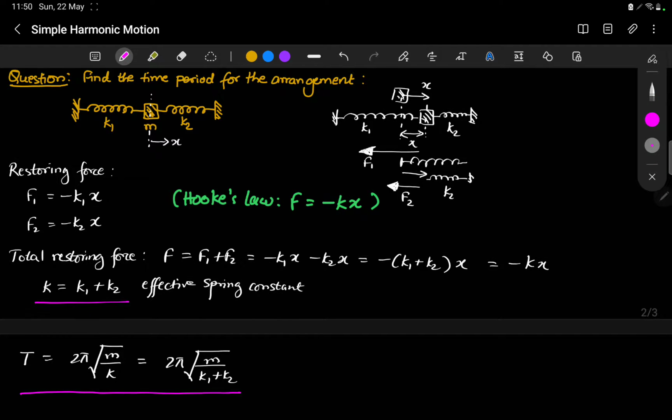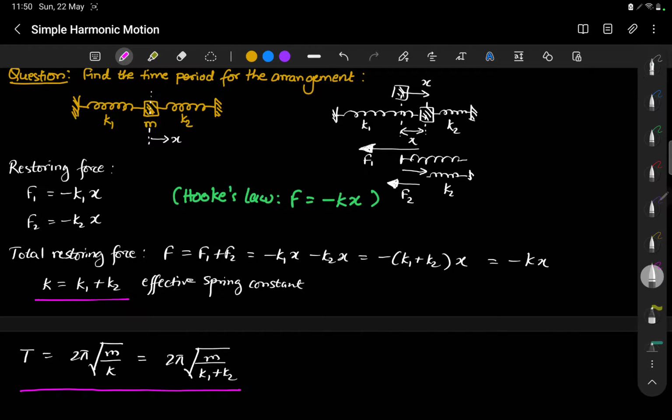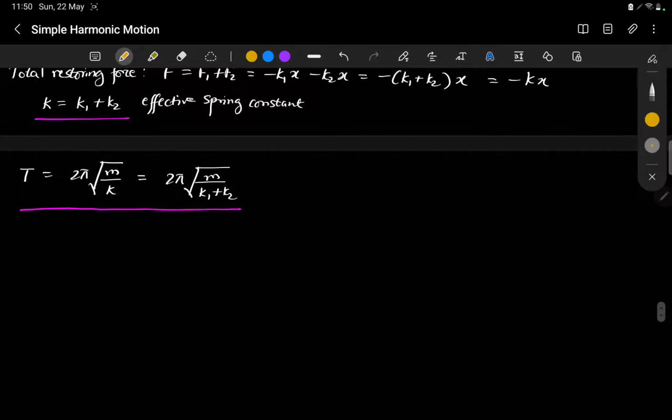Now let us look at a slightly different kind of arrangement. Let's look at this arrangement right here.